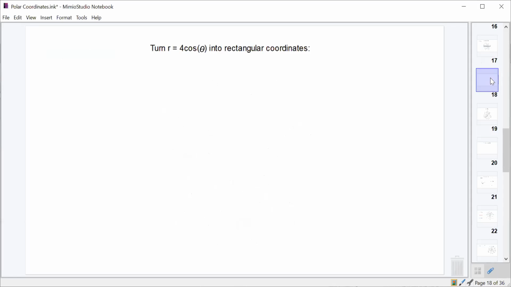All right, let's see if we can turn it into rectangular coordinates and see if we can figure out what it looks like. If we have r equals 4 cosine theta, any thoughts on how we're going to turn that into rectangular coordinates? And we'll go back and try to graph it once we've done that.